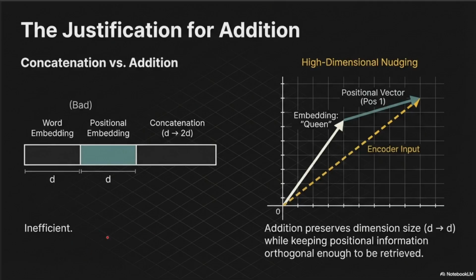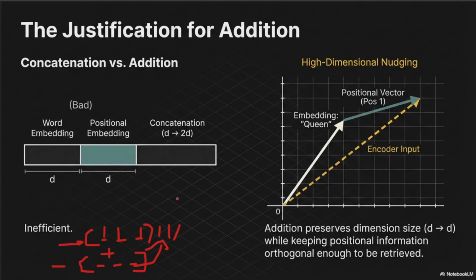Let's say the embedding has 3 values and this is the positional encoding, 3 values. If we just concatenate them, we will have 6 dimensions: 1, 2, 3, 4, 5, 6. And if we use addition, we keep only 3 dimensions.